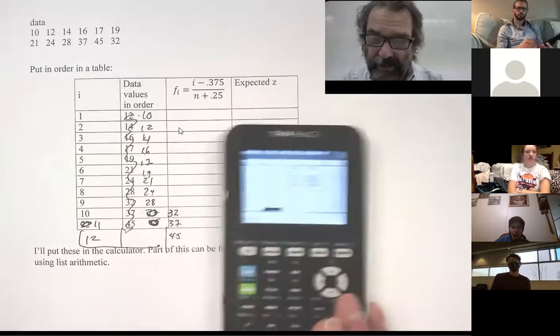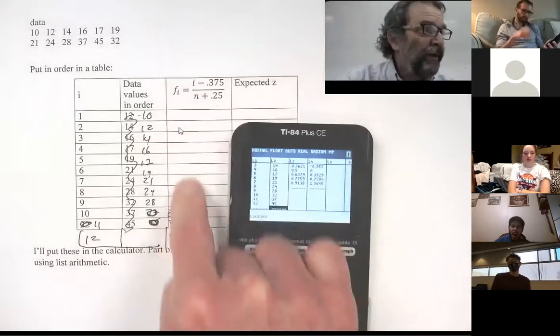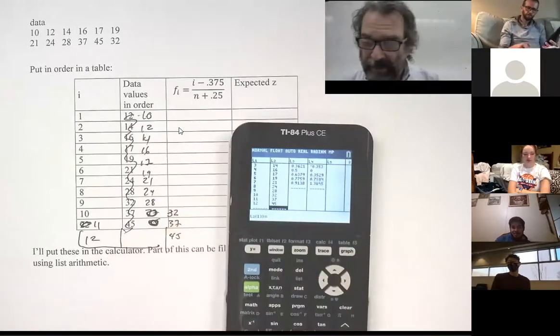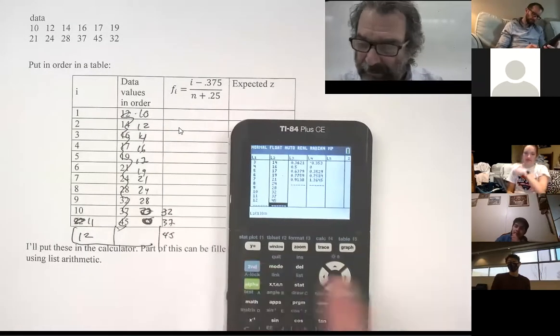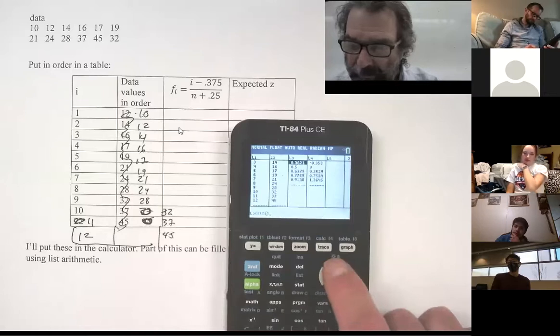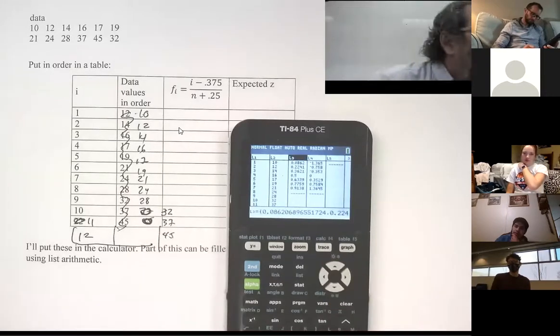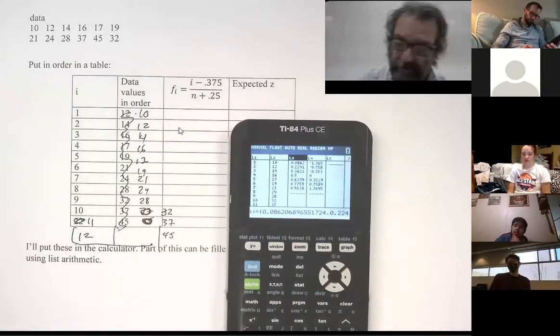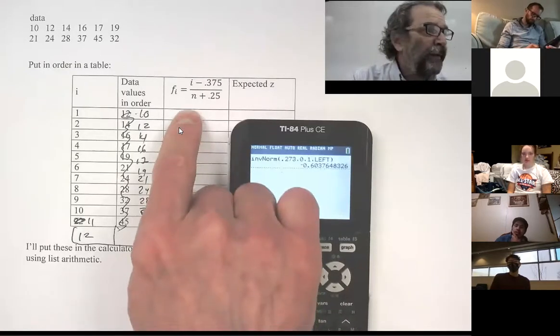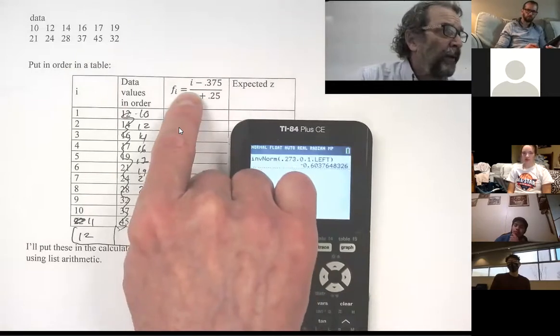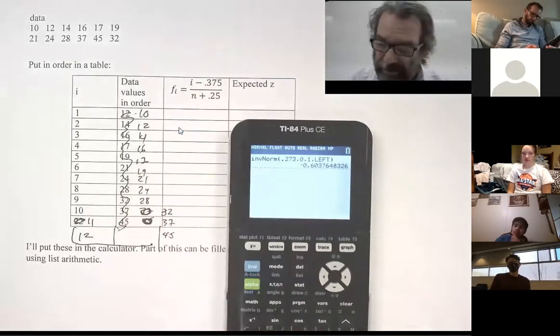Then I want to stick all these values in this column, and I'm going to do it using list arithmetic. I'll quit this. Then I want to make this formula happen. I need the row number, which is in list 1, so second 1.